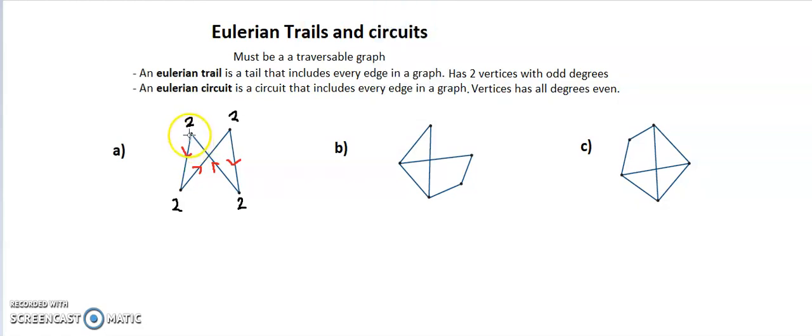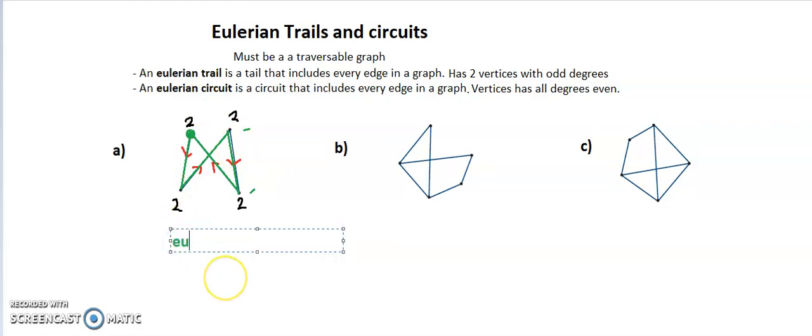We're going through the first, second, third edge, and going to the final edge. As you can see, our starting and finish point is ending up at the same place. It's ending up at this vertex. That shows you that it is a Eulerian circuit, and that's because all of the degrees are even.